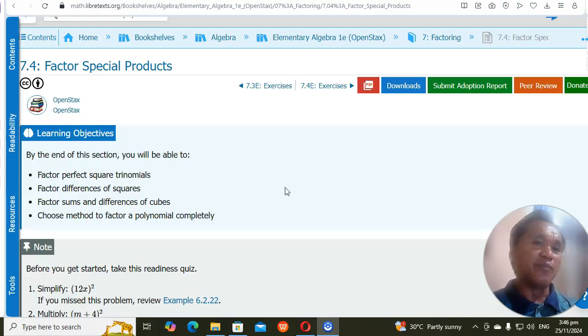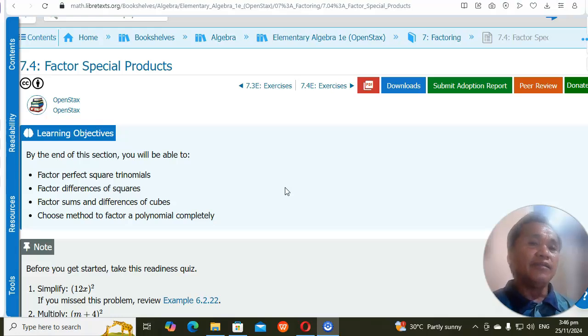It is a very important skill, detecting a perfect square trinomial, so that you will be able to factor it accordingly. Okay, you will be able to factor a perfect square trinomial.